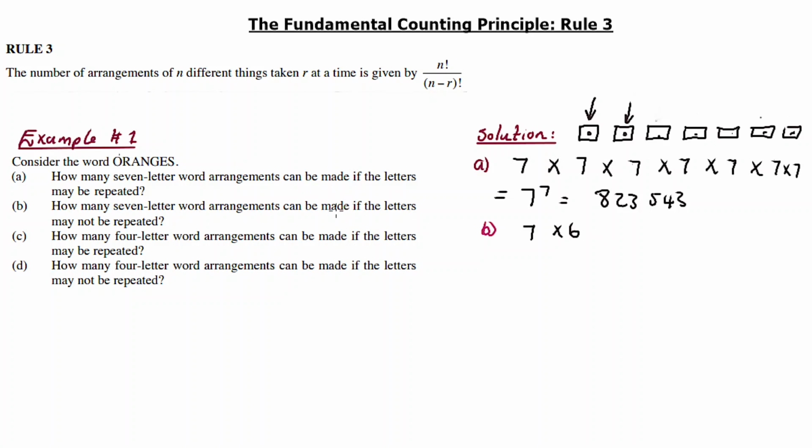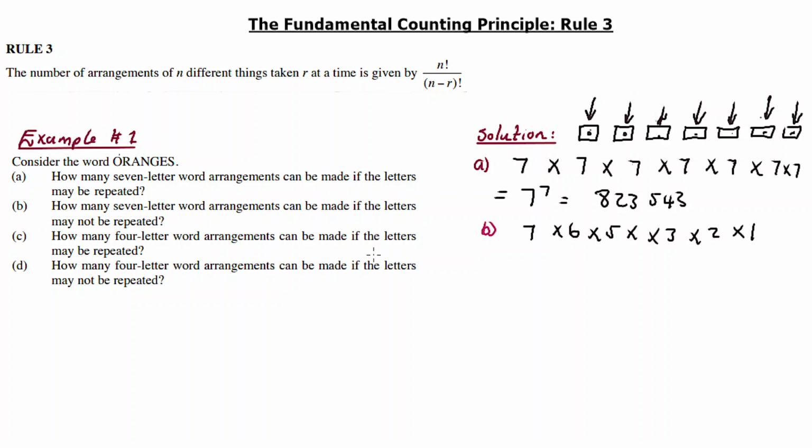And so the number of letters decreases this time all the way down to 1. So it's 7 times 6 times 5 times 4 times 3, saying that 3 are my choices, times 2 times 1.